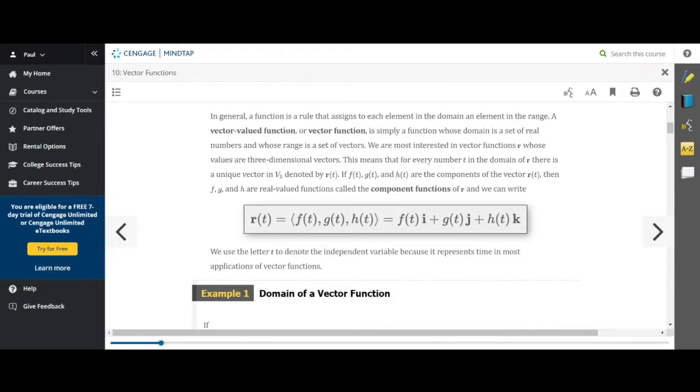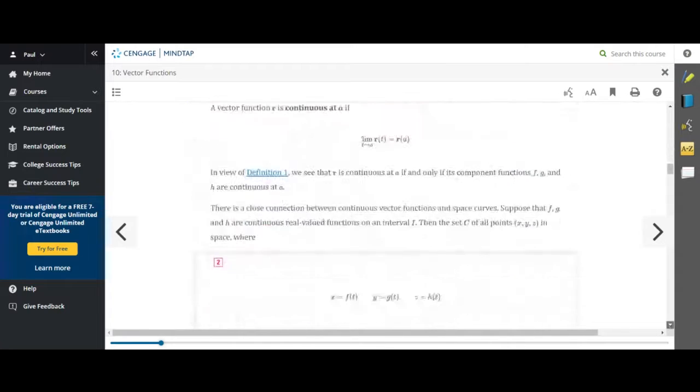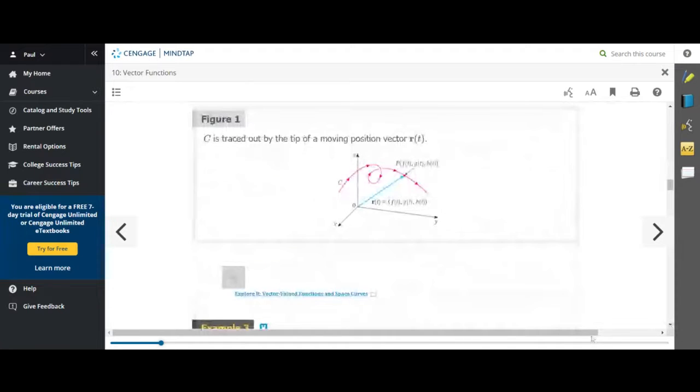Okay, so like a nice picture here that they have is here in figure 1. Figure 1 says this curve C is traced out by the tip of a moving position vector r of t.